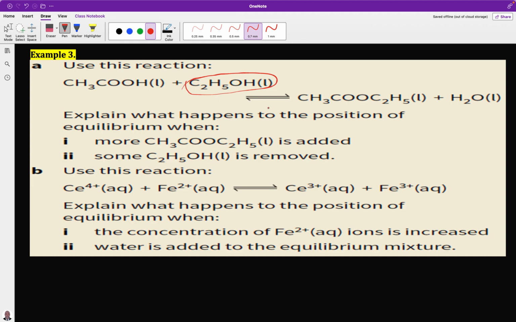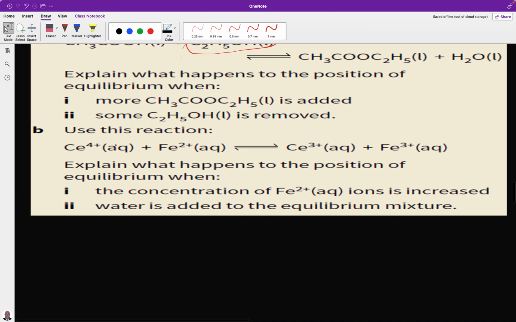So for the equilibrium to be established, more of the ethyl ethanoate will decompose to produce more of the acid and ethanol. Therefore, the equilibrium will shift from right to left to favor the production of the ethanol that has been removed.